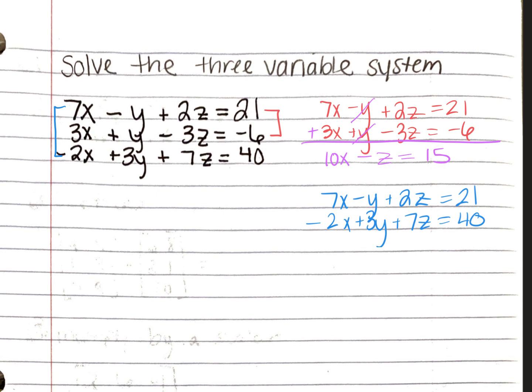So that means to get rid of that y, I just have to multiply that top equation by 3. Giving me 21x minus 3y plus 6z equals 63. So now I'm going to combine those together.